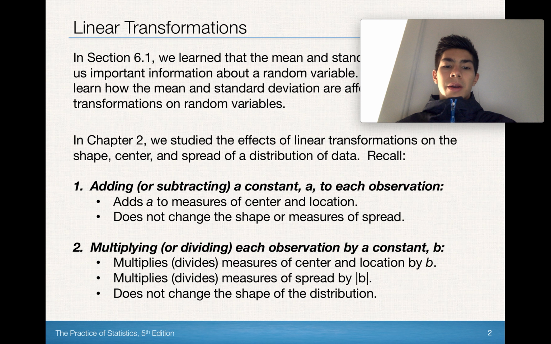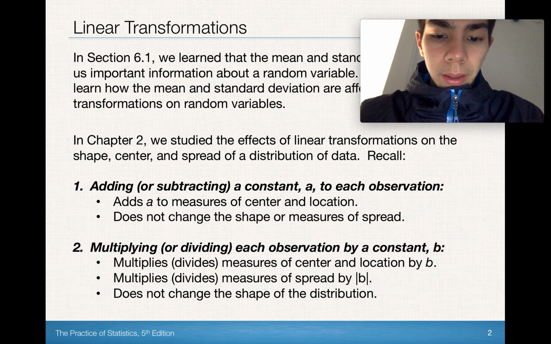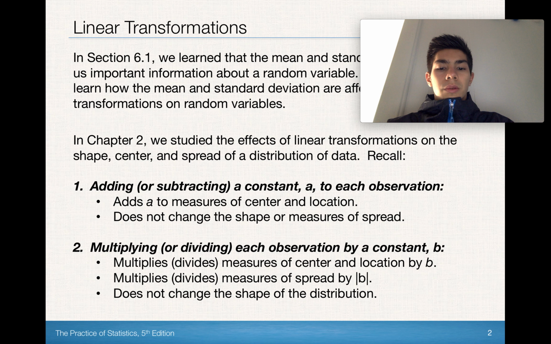And when we multiply or divide, we multiply or divide by b. We do that to both our center and location, and also to our measures of spread. But if we're doing it to our spread, so to our standard deviation, we're going to multiply or divide by the absolute value of b, so that we do not end up with a negative range or a negative standard deviation. That's not possible.